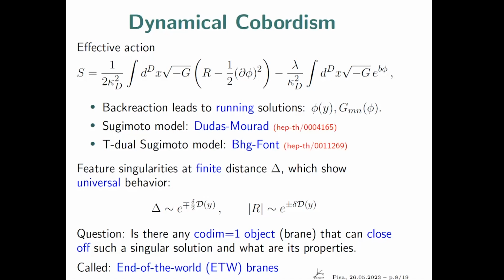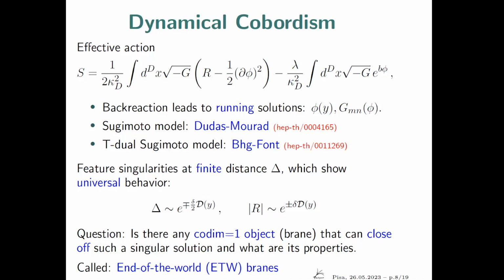And delta needs to be fixed, but you always find this nice behavior. Objects that have this behavior are called, so to say, end of the world branes. Yeah?